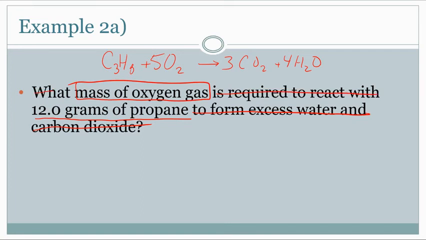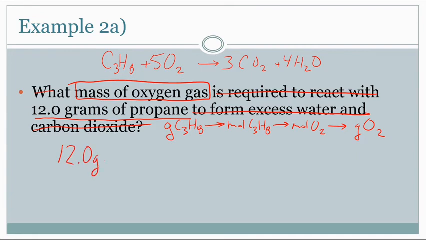Okay, so I'm going from my grams of propane, which is my A, to moles of propane, to moles of oxygen, to grams of oxygen. Sometimes I do this just so I can map it out for myself so that I really understand what I'm doing. So I start with my 12 grams.